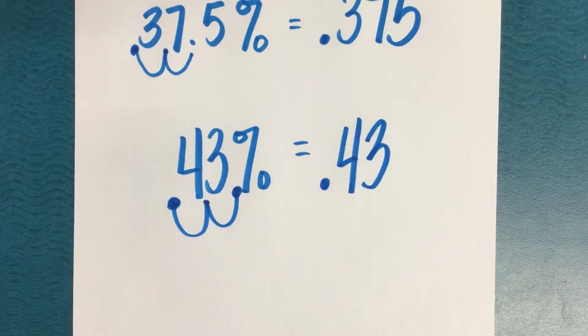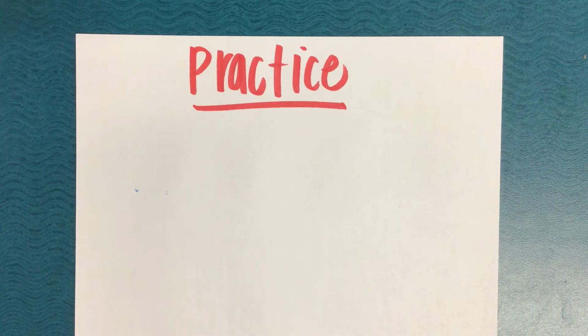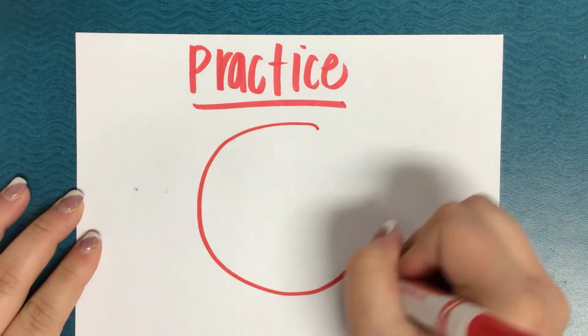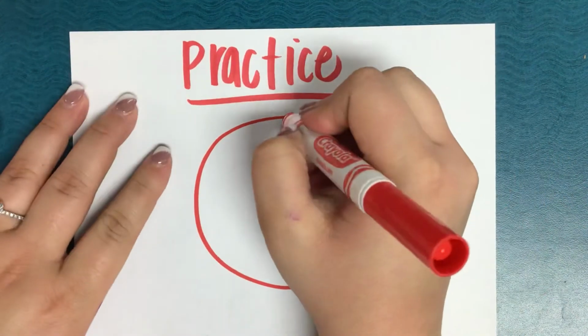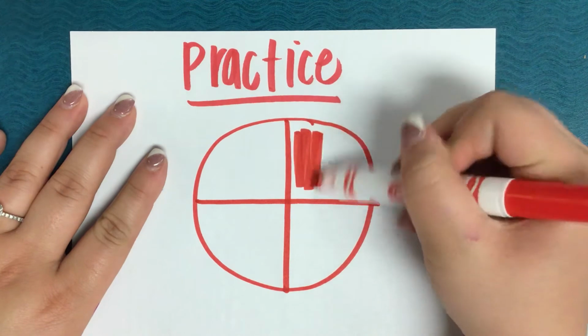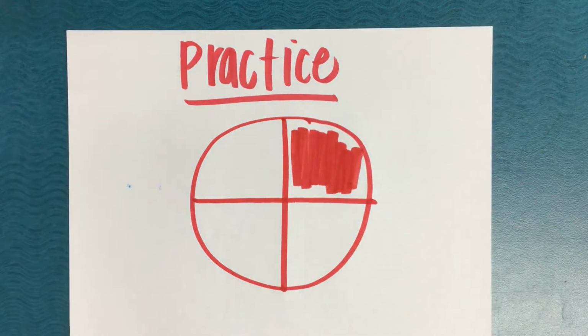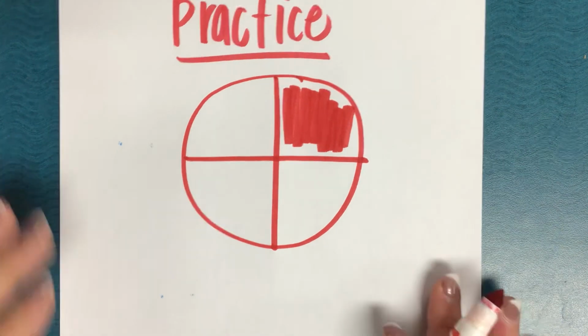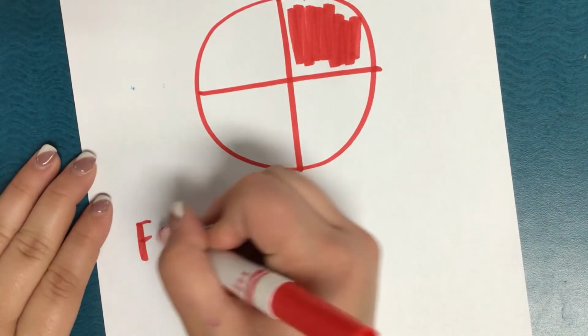Okay, so now I'm gonna put it all together. Okay, so if somebody gave you this picture and you see that there's 1/4 of that pie or pizza remaining, okay, so that's our fraction.